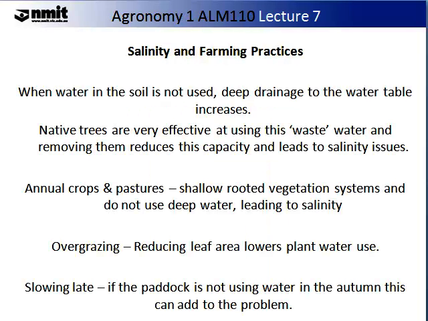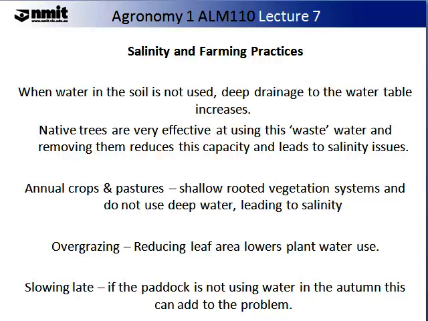When water is in the soil, it is not used. Deep drainage to the water table increases. Native trees have been found to be very effective at using this water, and removing them reduces the capacity and leads to salinity issues. Annual crops and pastures tend to be shallow-rooted in nature, and they do not use deep water, this also leading to salinity.